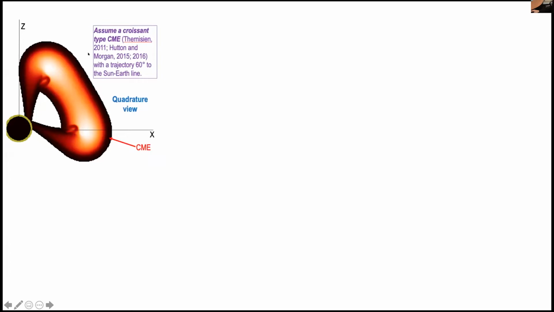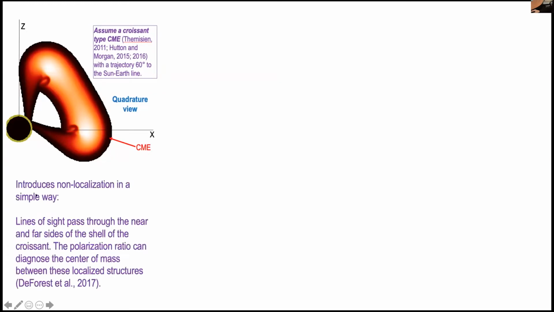Hugh's model also allows for a twist in the structure, which is something we can look at. It's basically this hollow croissant of density that's coming out. The reason that's interesting is it allows us to introduce non-localization in a simple way, meaning that your lines of sight are pointing through one or two or more, for example, the near and the far side of this croissant.